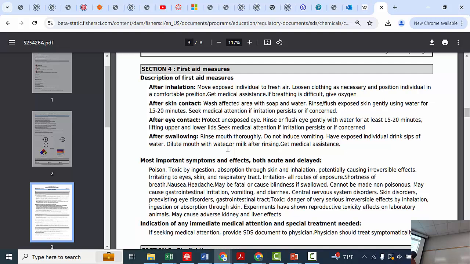After swallowing, rinse mouth thoroughly. Do not induce vomiting. Have exposed individual drink sips of water, or water or milk after rinsing. Get medical assistance. But here it talks about nausea, headache, fatal, blindness, etc.